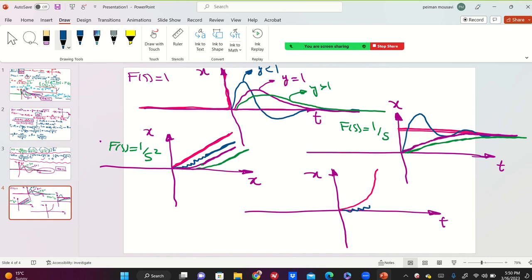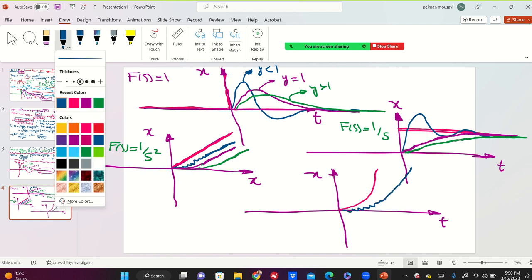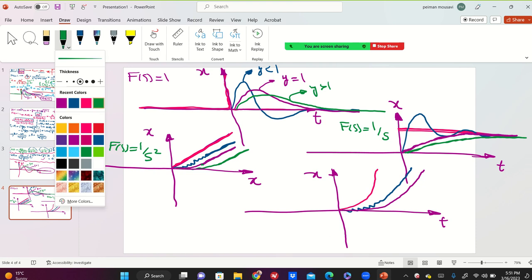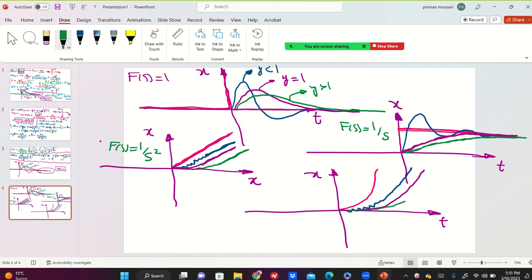For underdamped, there's a kind of oscillation on this, with the error signal increasing. For critically damped, no oscillation. And overdamped, it takes more time to settle. Actually, there's no settling because the error signal is increasing.